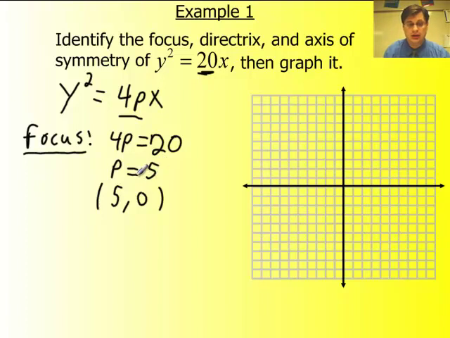In our formulas it declares it a distance, but when we actually work it out, we can see if it's going to be positive or negative. And I'm going to box that in because this is one of the features of the parabola we need to declare when we graph it.